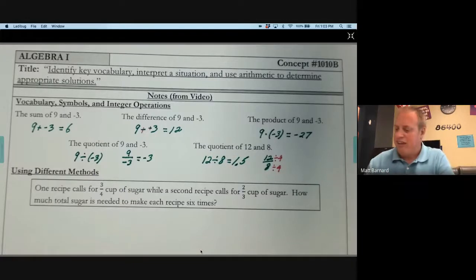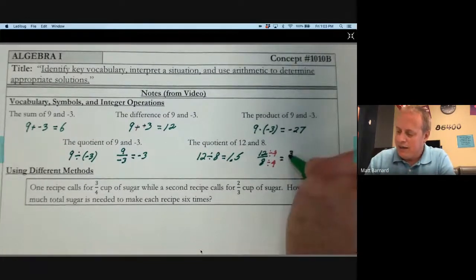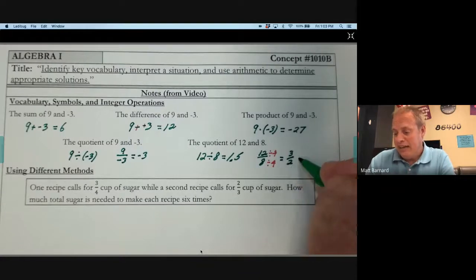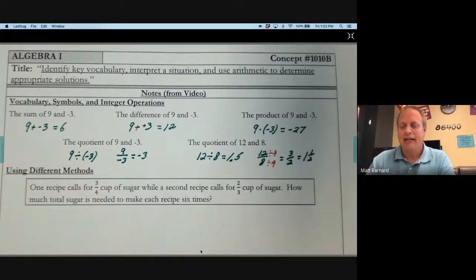And that will give us a final answer of 3/2. And 3/2 is indeed the same as 1 and 1/2, which is the same as 1.5. So there's many ways you can write your answer in math, but read directions carefully to see what we want in the certain circumstances that we're dealing with.